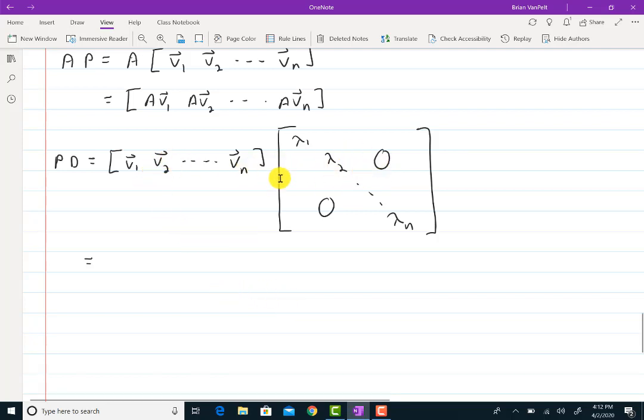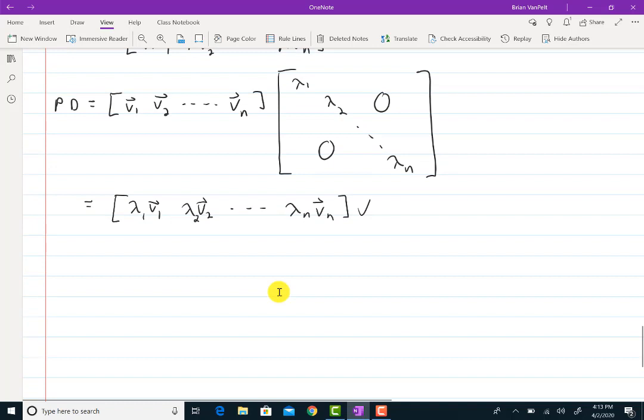This is an n by n matrix. When I do the multiplication, I'll get n by n. But basically, here's what I end up with: lambda 1 v1, lambda 2 v2, lambda n vn.